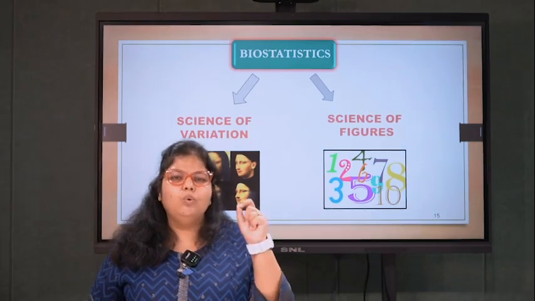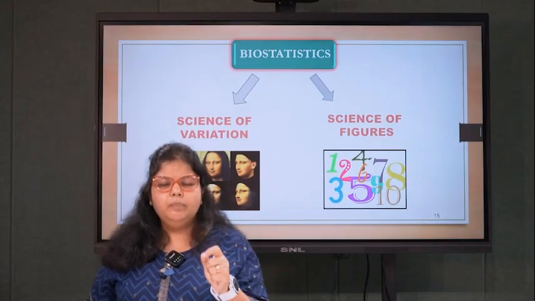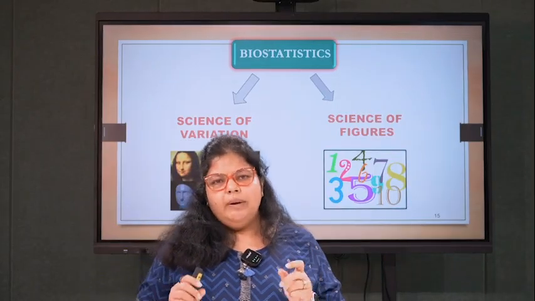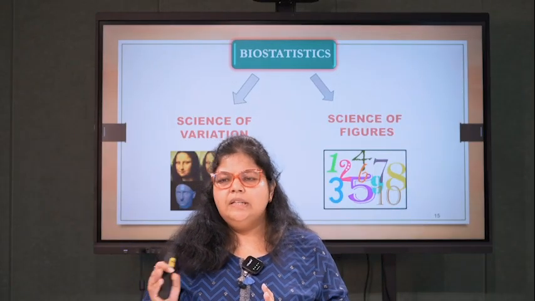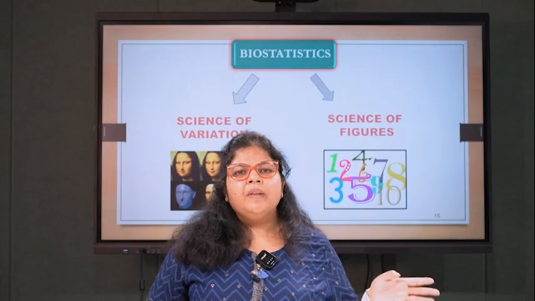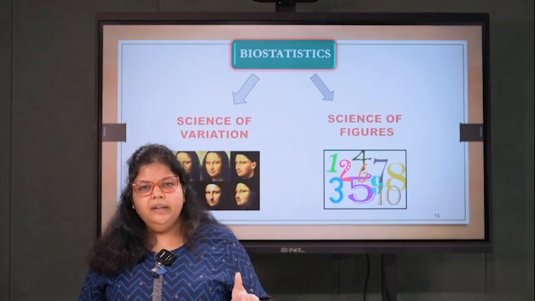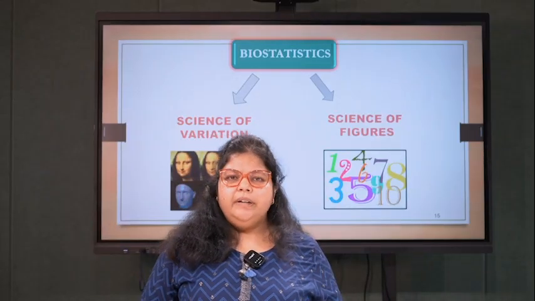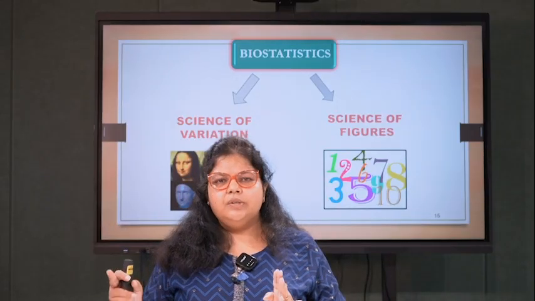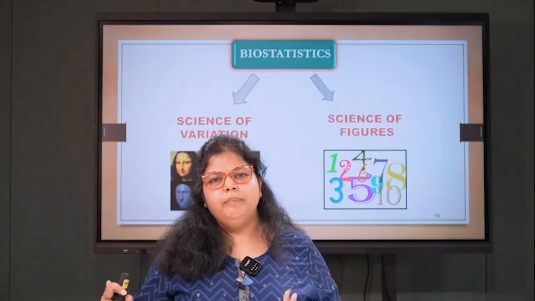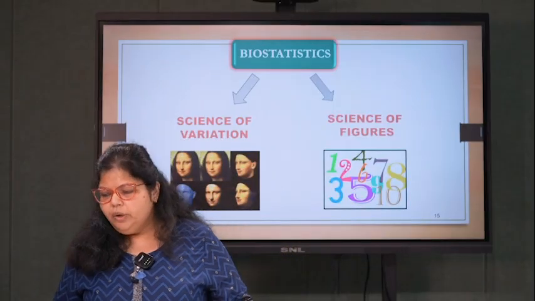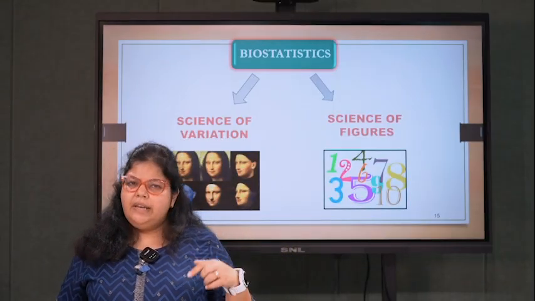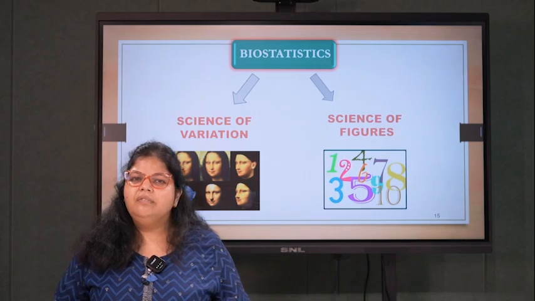We cannot say that only 12% hemoglobin in blood is normal and more than 12% is excess, or less than 12% is definitely a lower amount of hemoglobin, but there is a range which is normal, that is 12 to 15 g. Second, it is the science of figures, where we gather the facts into figures.